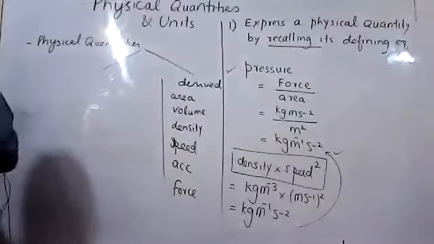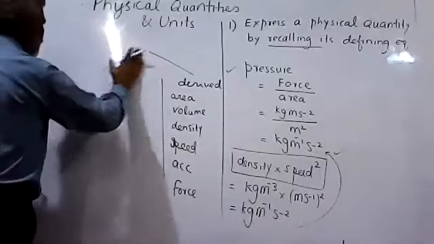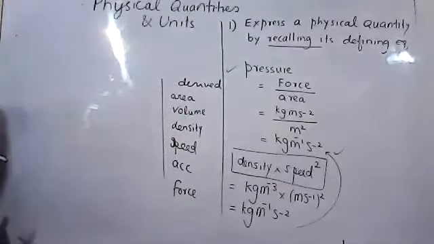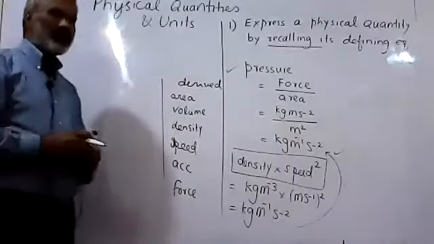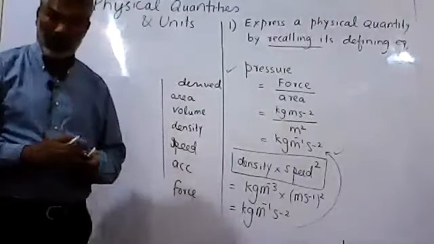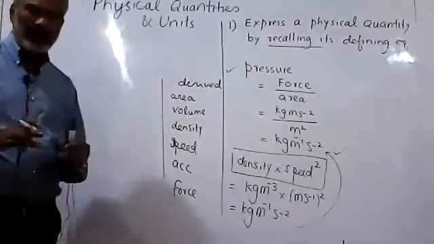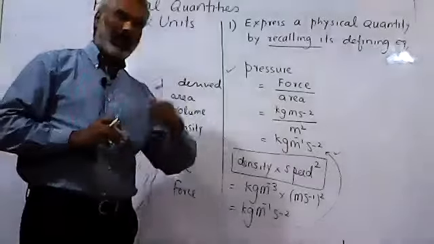We also discussed it yesterday, and that was to determine unknown constants in an equation which is known to be correct. An equation which is correct in physics is referred to as a homogeneous equation.